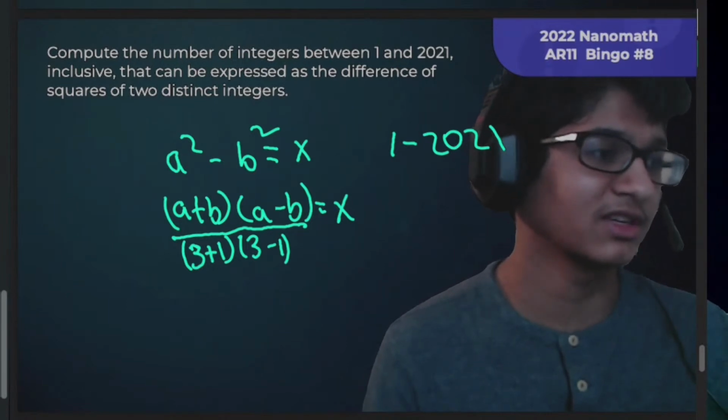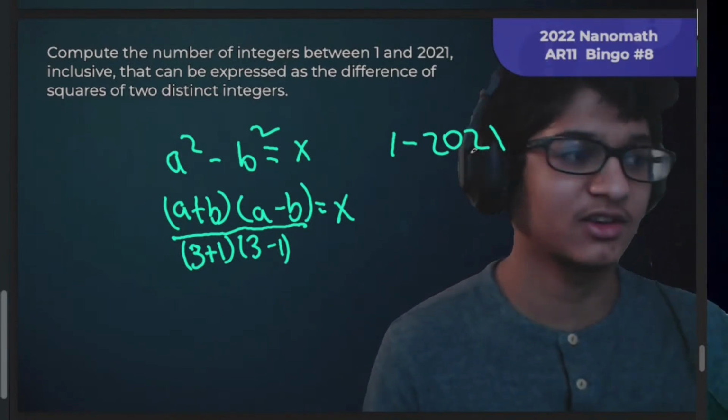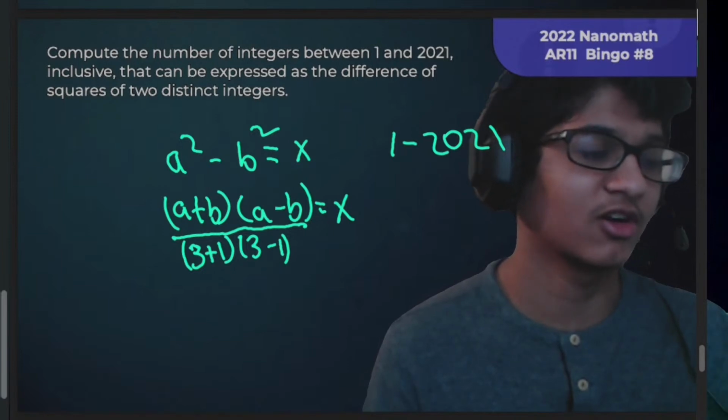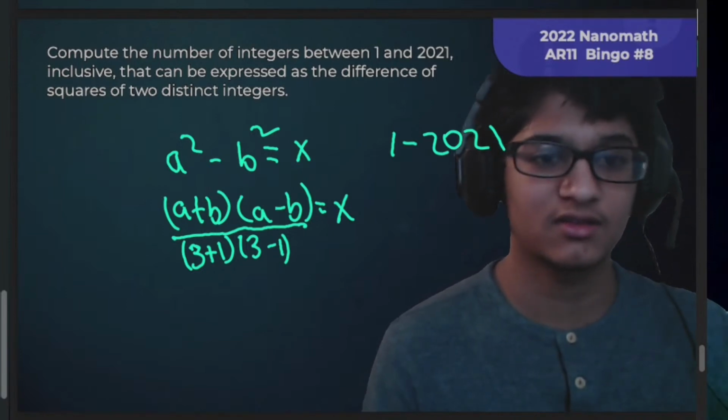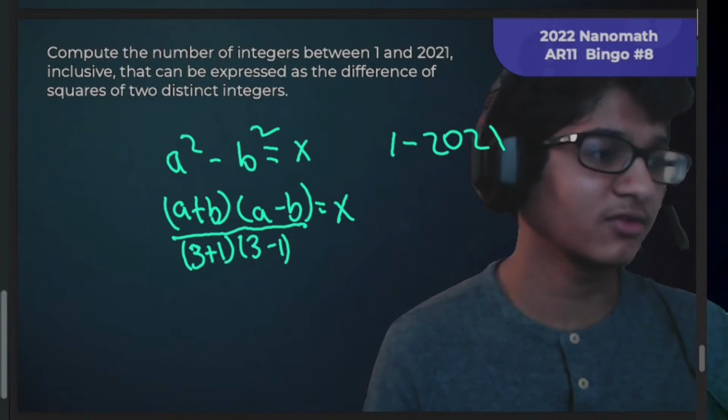Oh, I see what you're saying. So whenever A and B are consecutive, then you can get so many numbers, like you can get all the odd numbers like that.